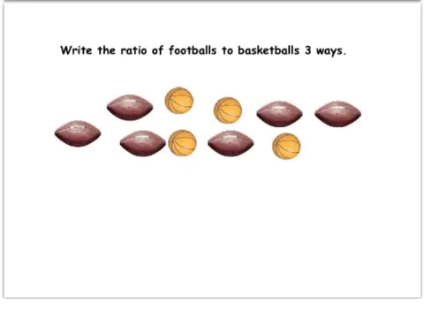Okay, so right here it says write the ratio of footballs to basketballs in 3 ways. Again, you have to make sure the number of footballs comes first. We have 1, 2, 3, 4, 5, 6 footballs, so we write 6, colon, then how many basketballs? 1, 2, 3, 4.